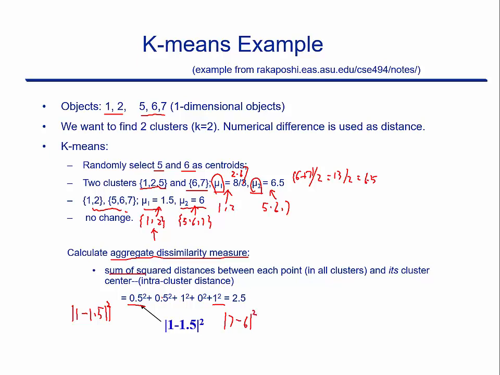Now we add all these distances between each point and its corresponding cluster centroid, and the final result, 2.5, is the aggregate dissimilarity measure, which measures how good the clustering is. If there is a different cluster membership or different clustering, then we can compare the two clusterings using this metric.